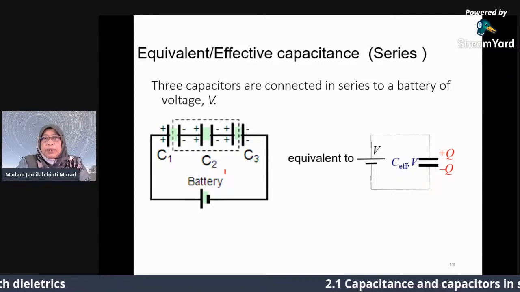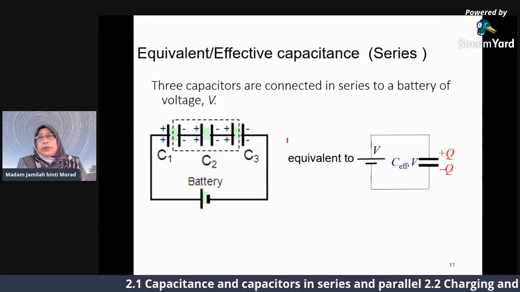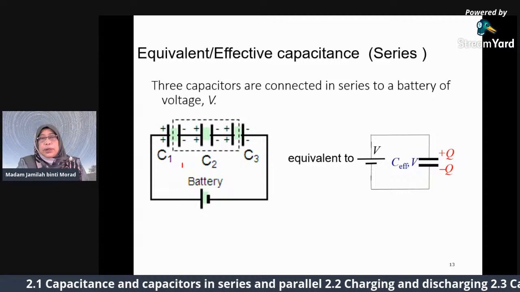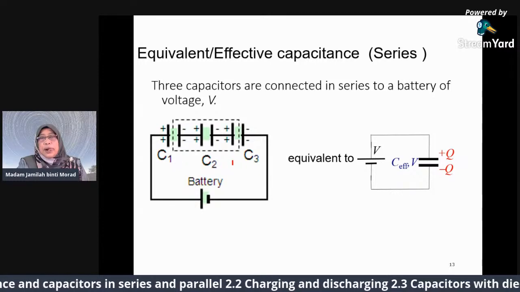Let's say here you have three capacitors connected in series to a battery of voltage V. You have C1, C2, C3.